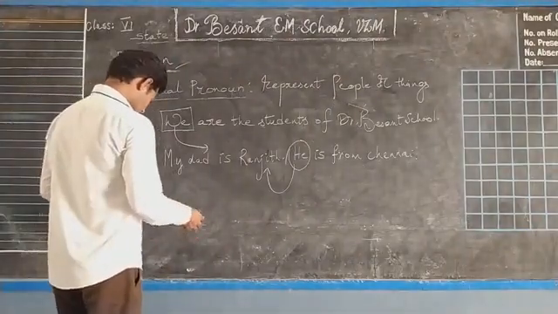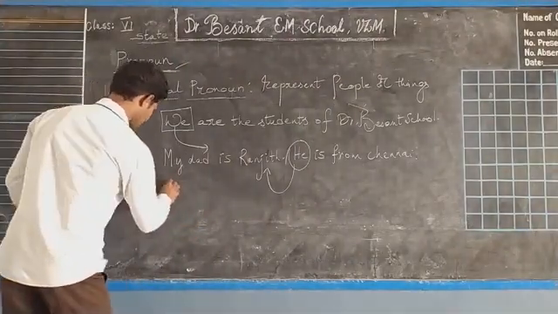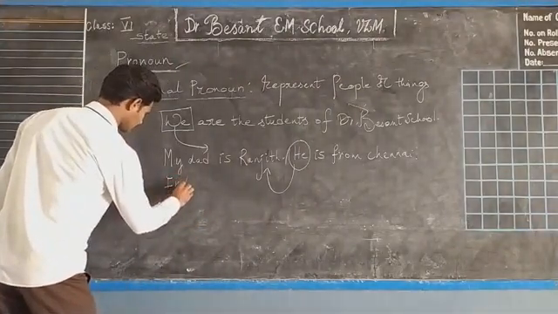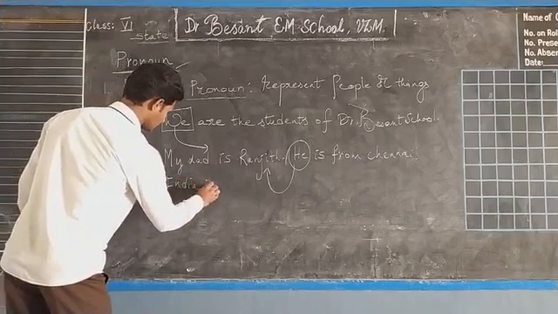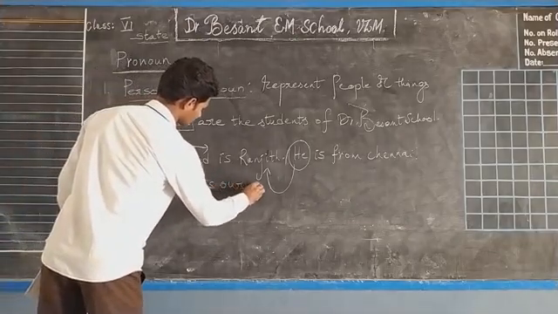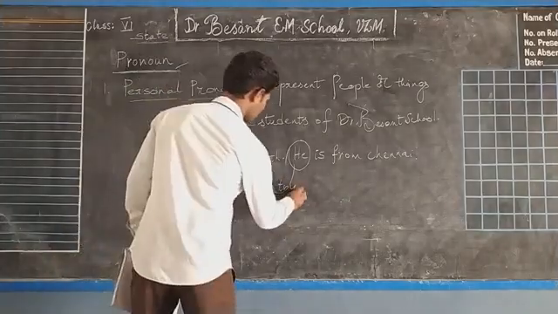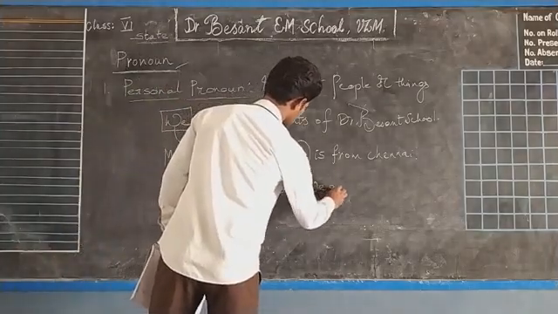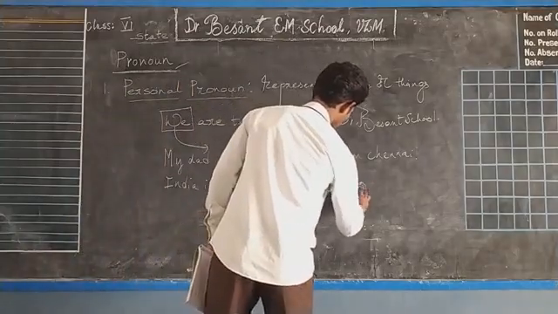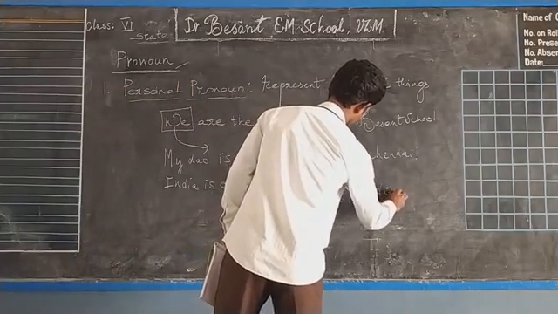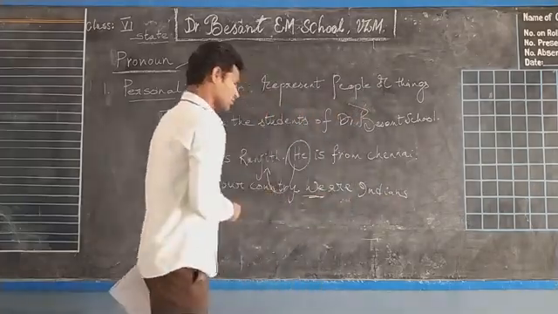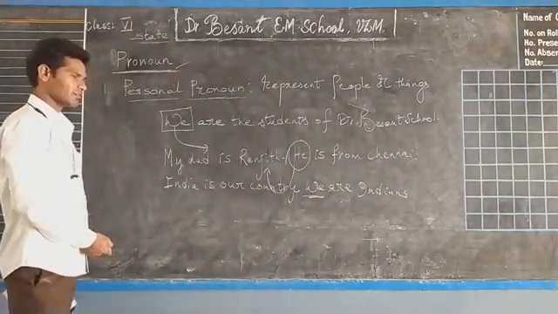Let me add one more example. India is our country. We are Indians. This is the underlined word, we. Who are we?